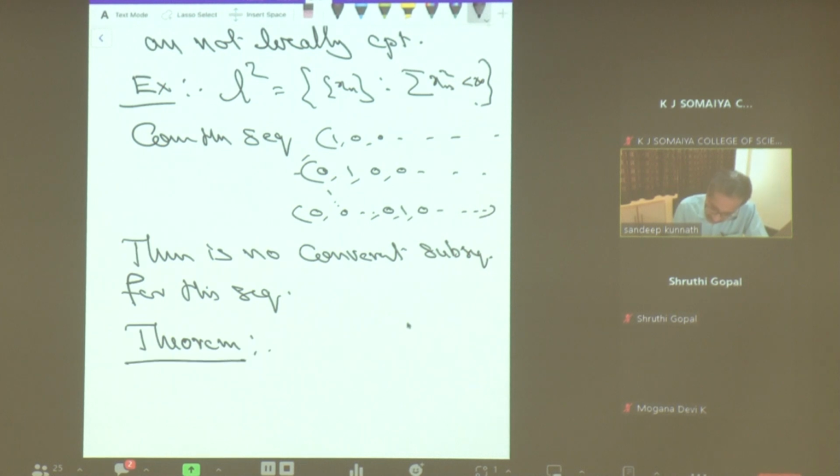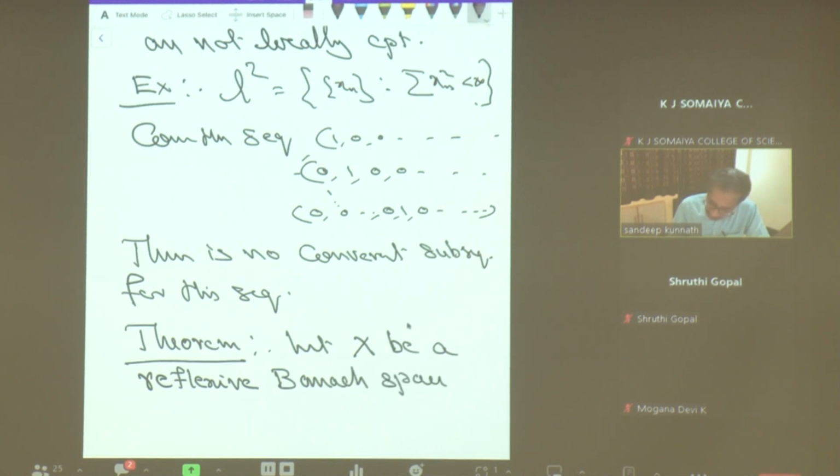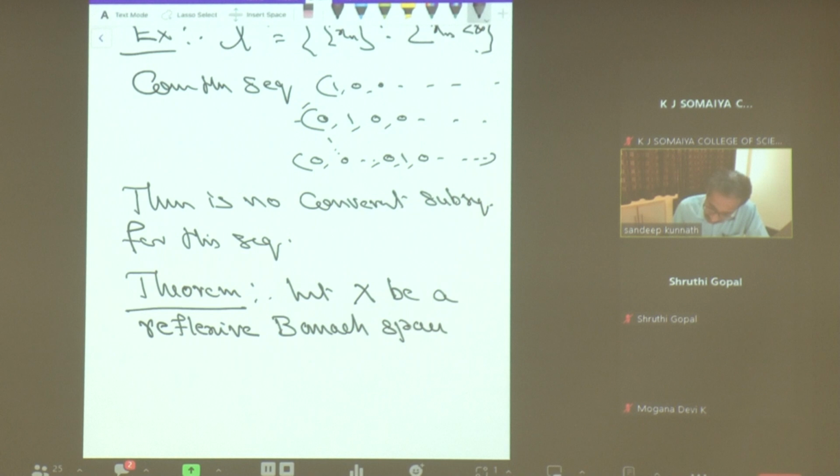Theorem: Let X be a reflexive Banach space.